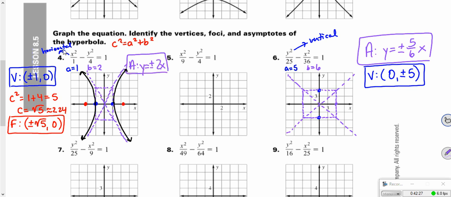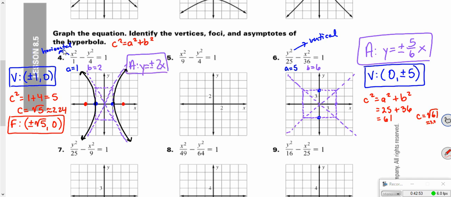Now, my foci. Remember, c squared equals a squared plus b squared on these, which is 25 plus 36, which is 61. So c equals square root of 61. As a decimal, that's about 7.8.